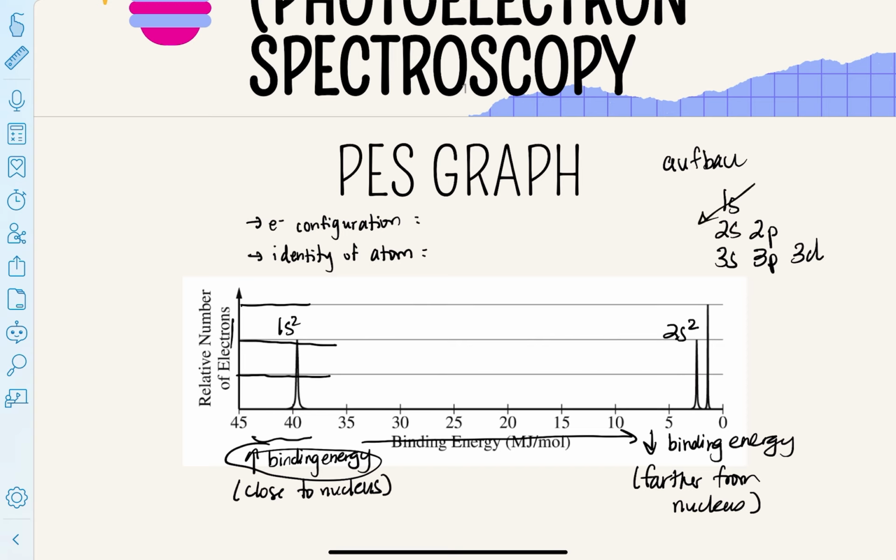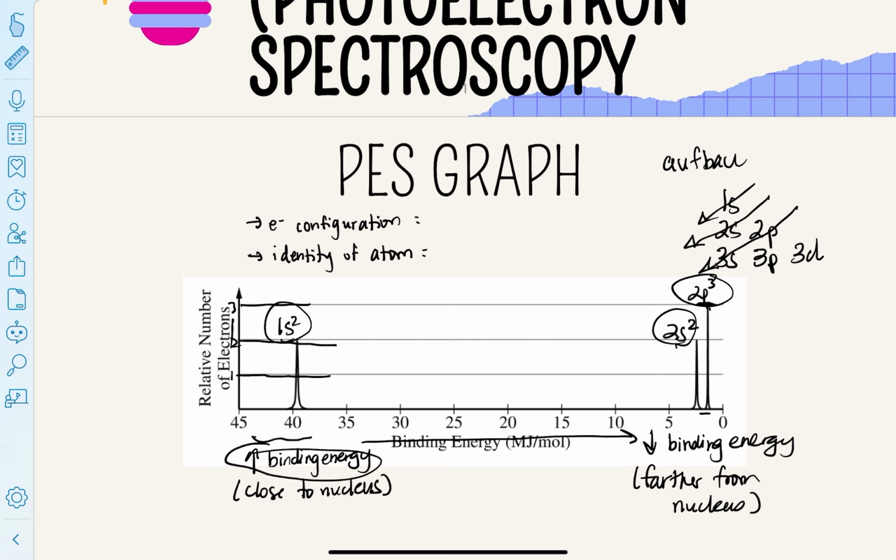So for example, 1s2, 2s2, because 2s is full, I'm going to go to 2p, and so that's represented by my next peak here. This would be 2p3. So remember that each interval here represents one electron, and I know that because, again, the 1s2 is full, the 2s2 is full, so the 2p3, the p shell is not full in this case, it's half full.